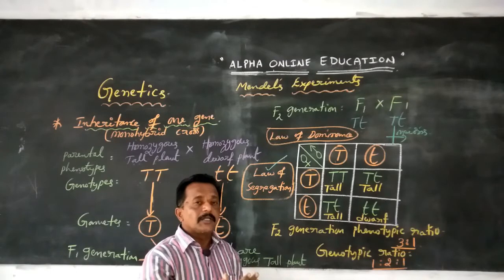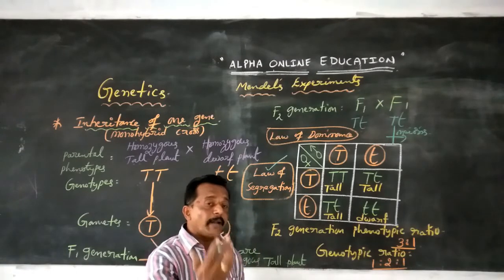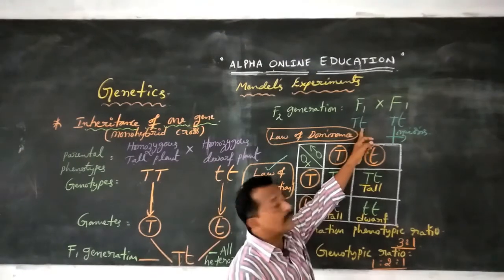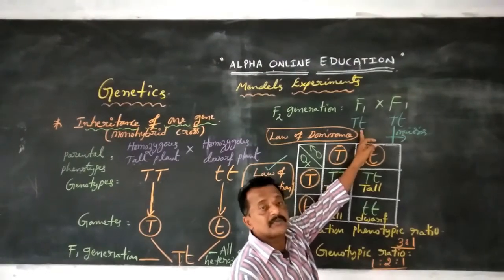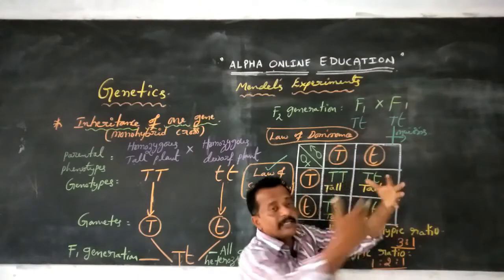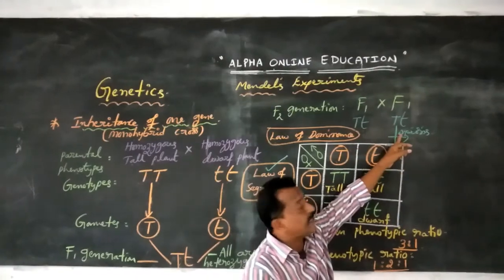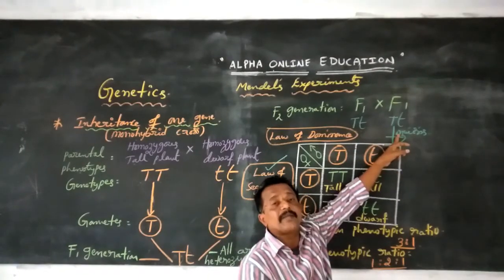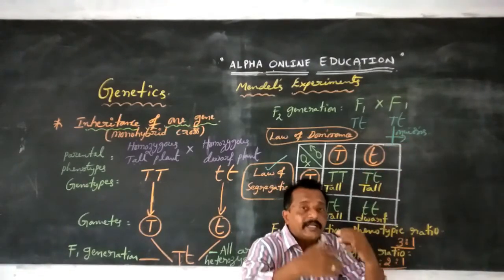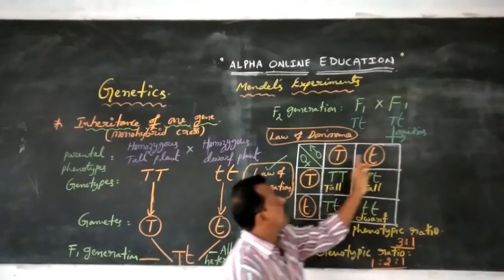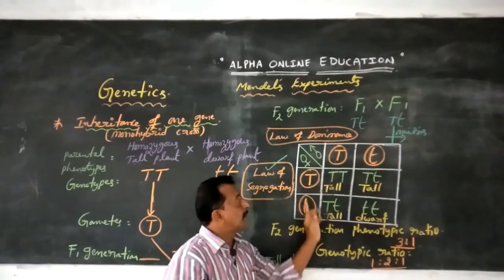So the heterozygous tall plants do not fuse or blend in any way, but remain distinct and segregate under meiosis. The different kinds of meiotic products are different types of gametes.